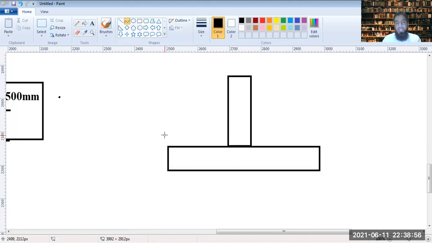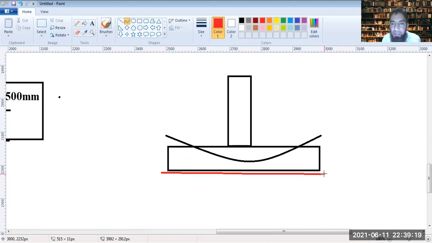You would normally say that under the weight of the load, the bending of this footing would be somewhat like this. It would bend under the loads in this fashion. Would it be like this, or would it be like this?